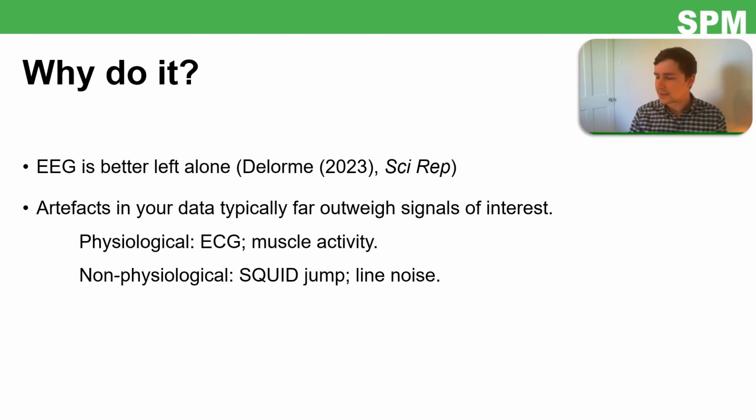Or perhaps it's something which is not real at all, just a property of your system. That could be something like a SQUID jump from an Elekta Neuromag system. That didn't really happen in the real world, but unfortunately you measured it. And these are massive signals, much bigger than anything the brain's producing.